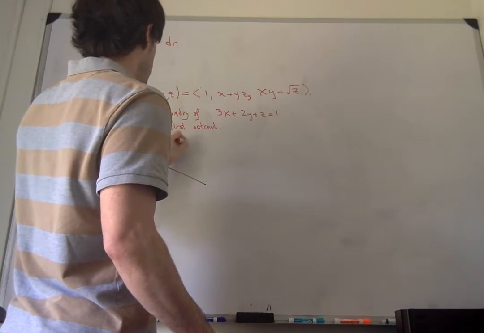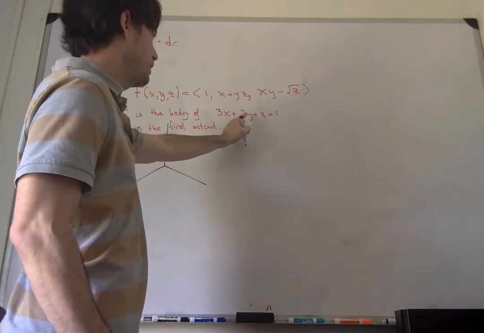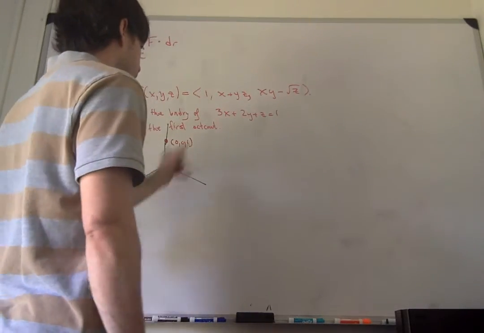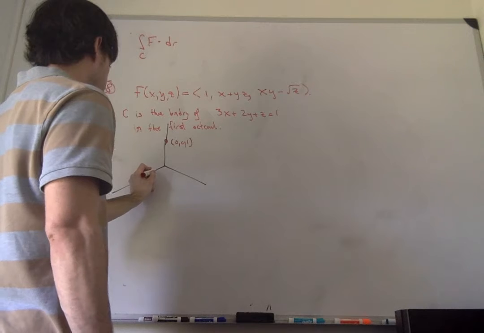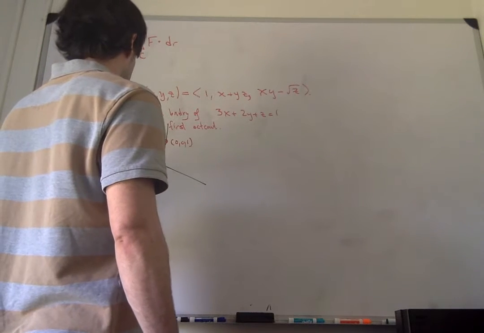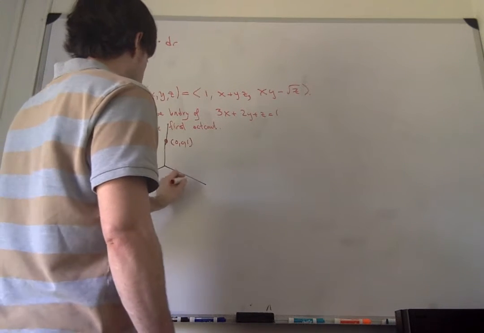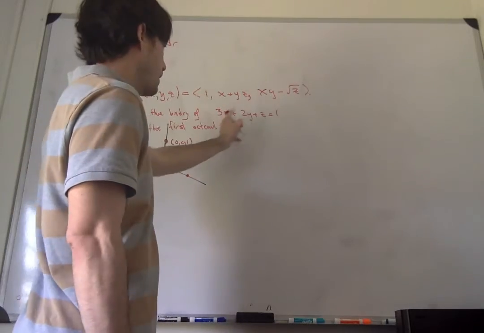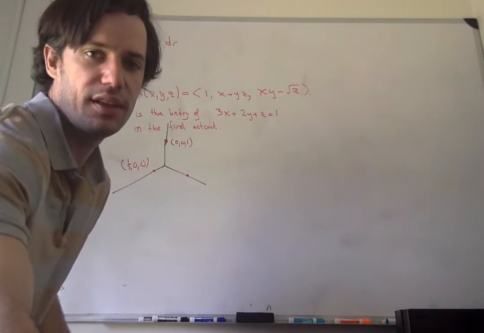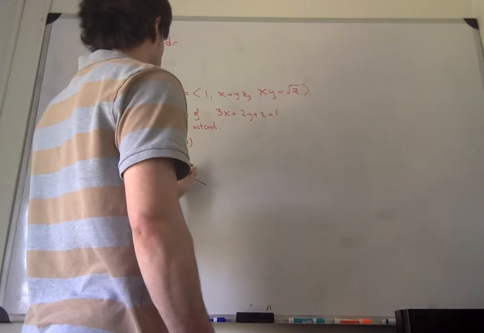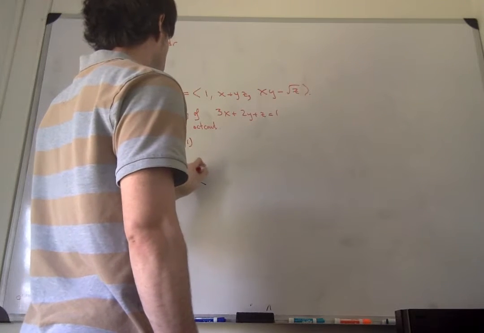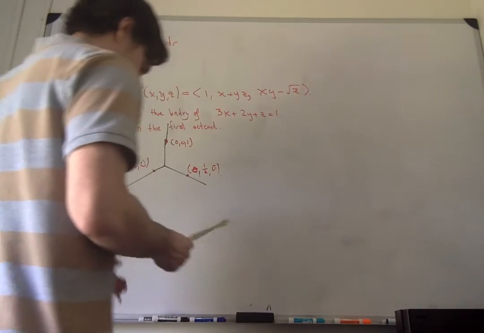So you have 0, 0, 1. If I set y and z to 0, I get x equals 1/3. So 1/3, 0, 0. And if I set x and z to 0, I see that y is equal to 1/2. So I have 0, 1/2, 0.